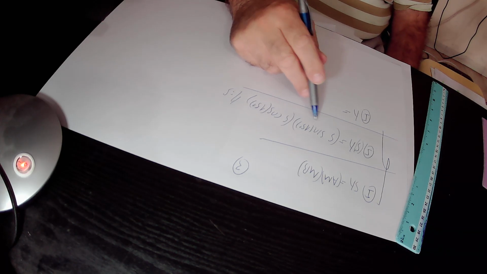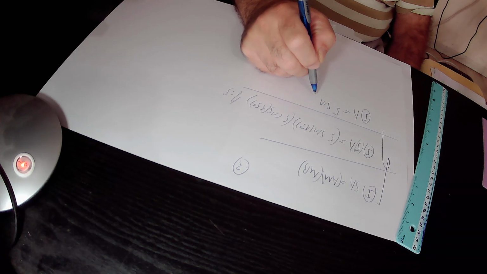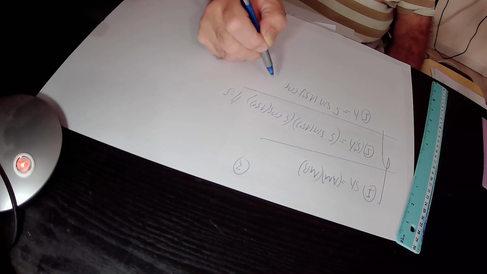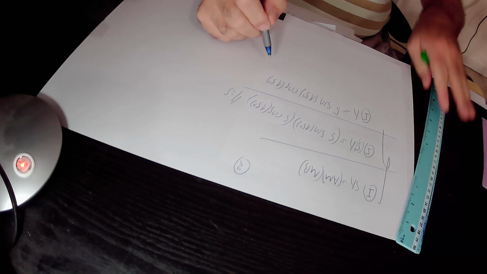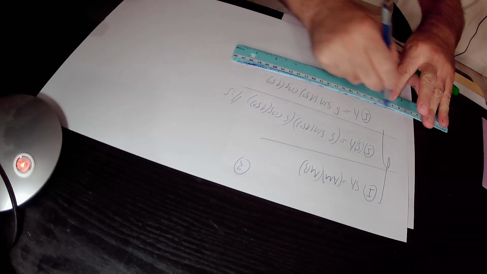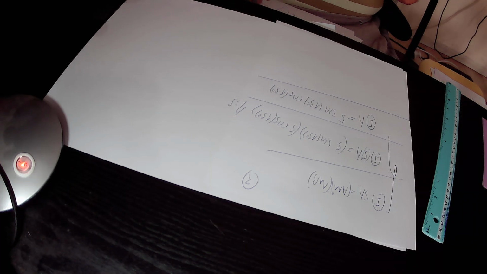So in total, here we are left only with 5 times sine 15 degrees times cosine 15 degrees. So according to equation 1, we found out that H equals 5 times sine 15 degrees times cosine 15 degrees.